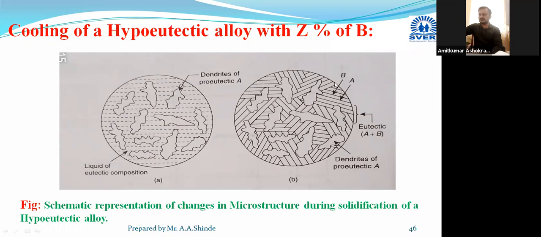It means both elements A and B will be there, but in the form of a mixture. But as they are insoluble, you can identify them separately. Some may be horizontal, some may be inclined. A and B will be there, but with different morphology. So these are the microstructural changes.